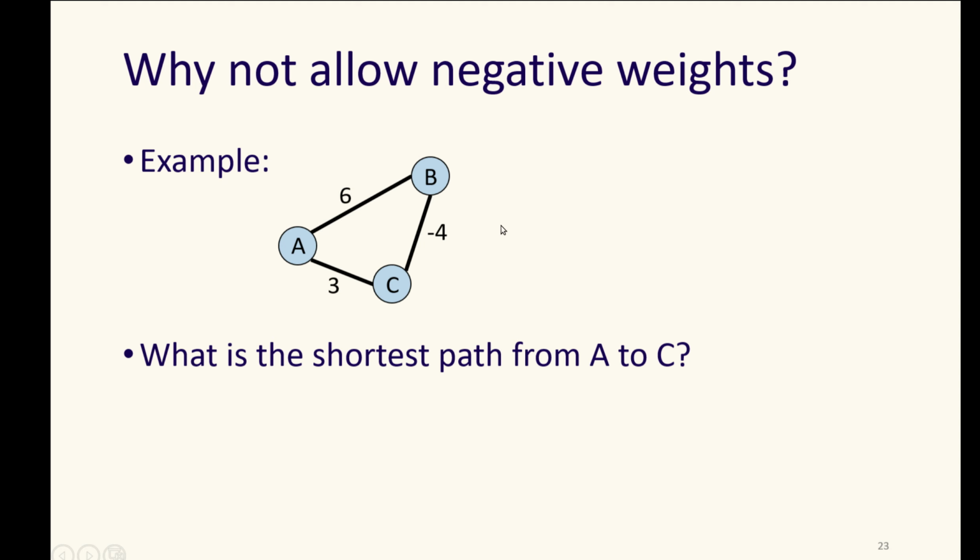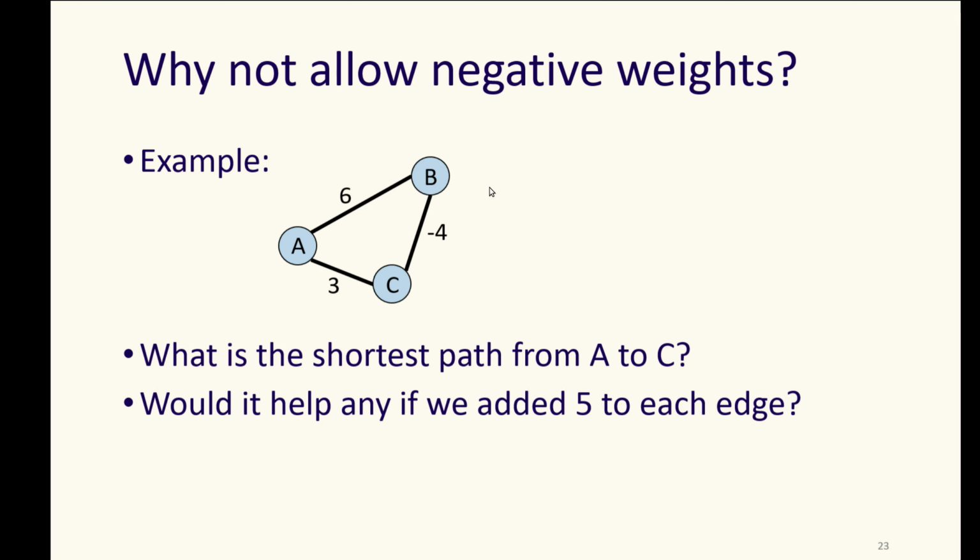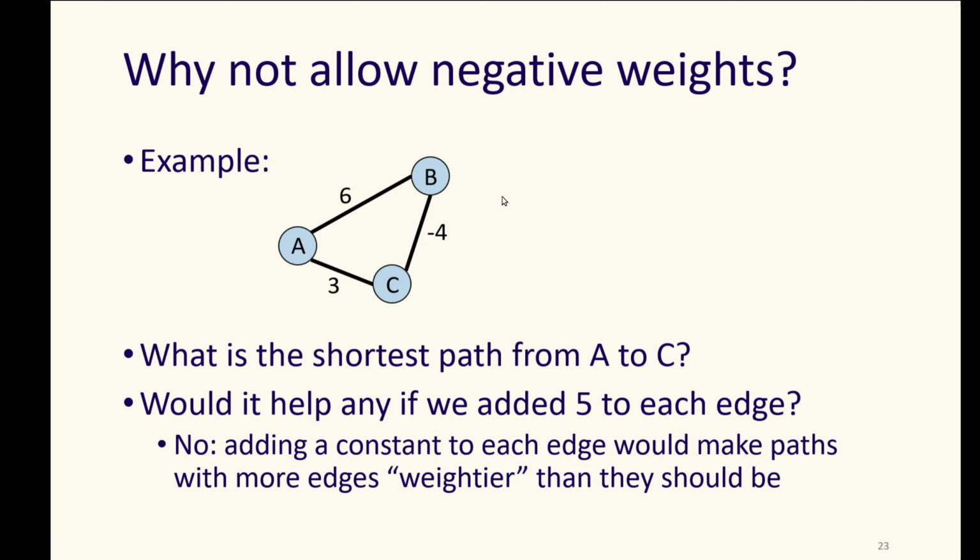There may be problems in which these negative weights are necessary, and we'll look at some of those. But when there are negative weights for something like Dijkstra's algorithm, it confuses this concept of the minimum of the shortest path and makes it not possible to get those minimum values. Some people might say that we could just add a certain amount to every edge and make them all positive that way.